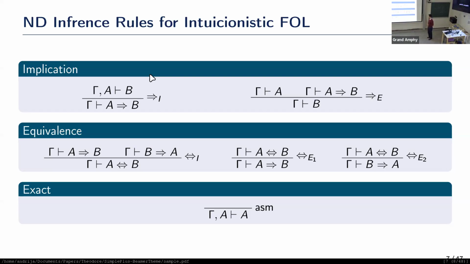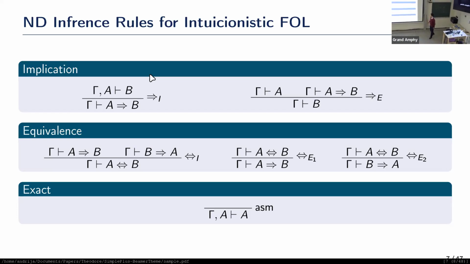Let's take, for example, equivalence and the rules for equivalence. There are two elimination rules. If A is equivalent to B, then we can derive that A implies B, and we can also derive that B implies A. This is something we can write like this, but it's not how it's actually implemented in the prover.